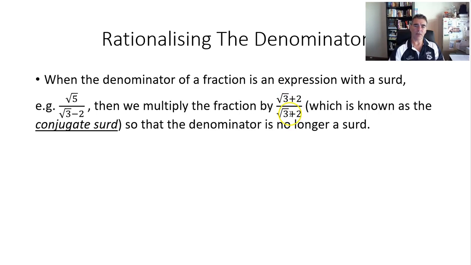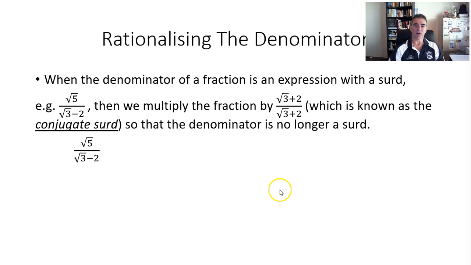It's important we do that because then the surds will eliminate when we expand it out. This opposite sign is known as the conjugate surd. So root 3 minus 2, and its conjugate surd is root 3 plus 2. But again, the numerator has to be the same, and that way we won't end up with a surd in the denominator when we do this.